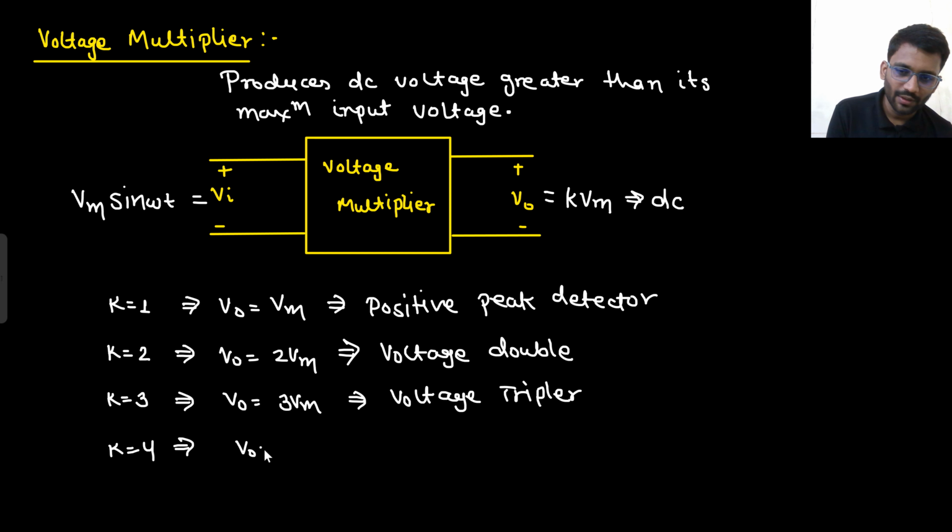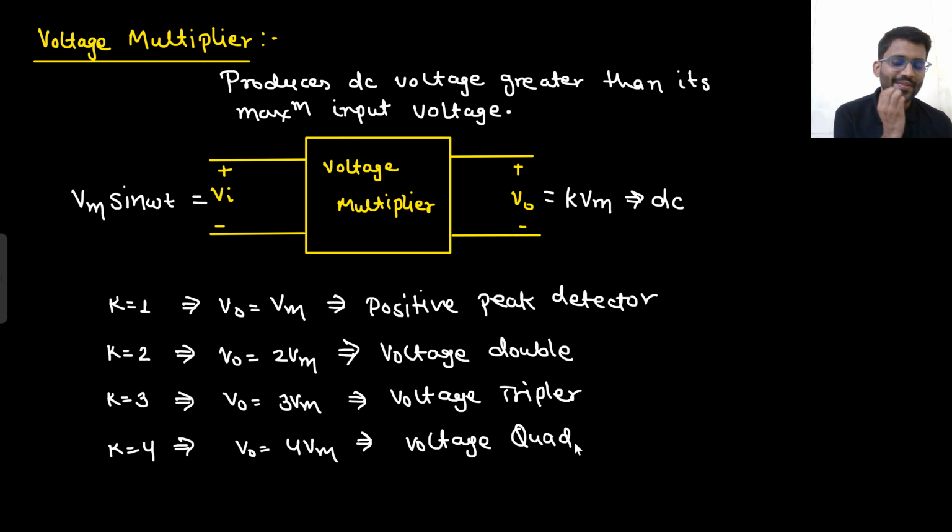And if it is 4, it will be a voltage quadrupler. Let me Google the spelling. Yeah, so this is the spelling, voltage quadrupler.